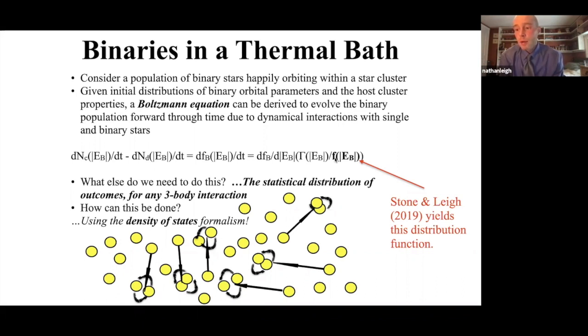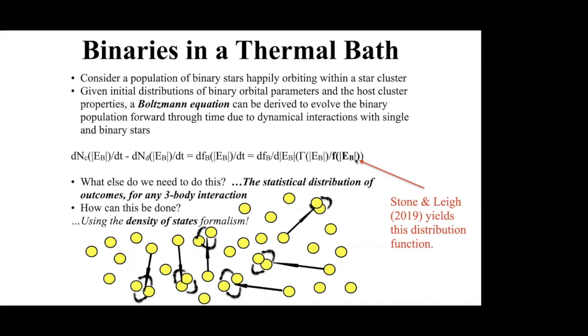So the first step in this project was Stone and Leigh 2019, where we derived the required outcome distributions for chaotic regions of phase space, such that we no longer need to perform simulations of three-body interactions. Thanks to this function, we now have an analytic function describing the outcome probabilities to work with, and can build a completely analytic diffusion-based model with these probabilistic functions.